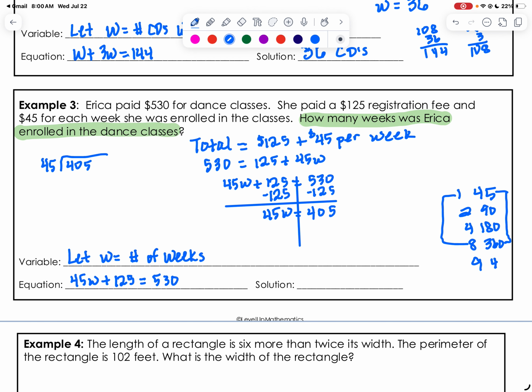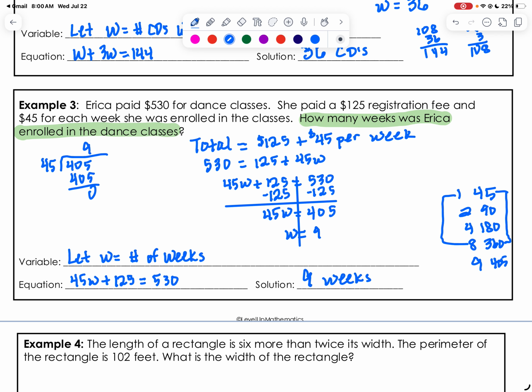Oh, what do you know? 405. So 9 times 45 is 405. So my solution would be W is equal to 9. So my solution is 9 weeks.